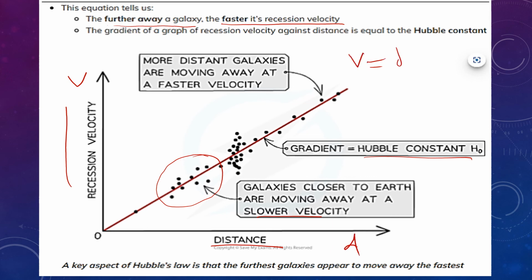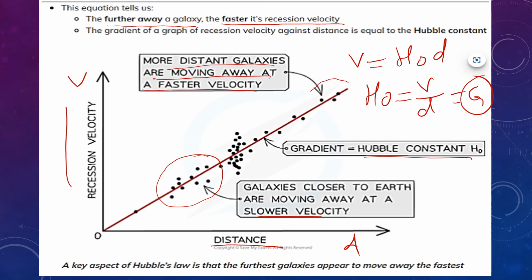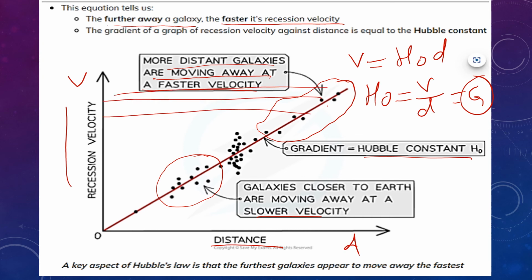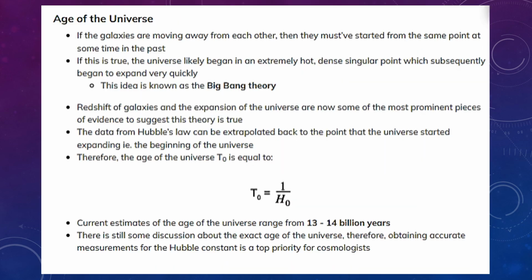So Hubble's law is V equals H naught D. So H naught is V over D, which is actually the gradient of this graph. So more distant galaxies are moving away at faster speed. So you can see that the distance between these dots, galaxies, is more. It means they are moving at higher speed. And the galaxy clusters which are very close to each other are moving at slower speeds.